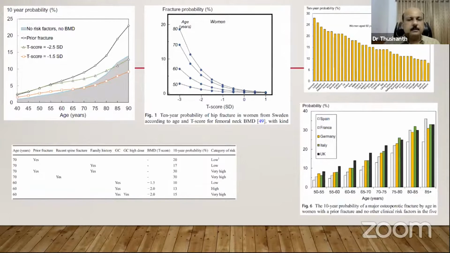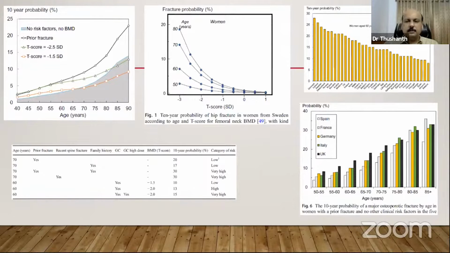Based on this, you can see that for the same age, depending on the number of factors, the risk of the patient varies significantly. For a 70-year-old female, the risk can vary from 17 to 30, depending on the number of factors. The same is the case for a 60-year-old woman, where the risk can vary from 10 to 15, depending on the presence of various risk factors.